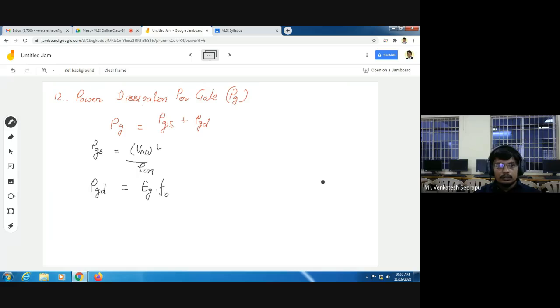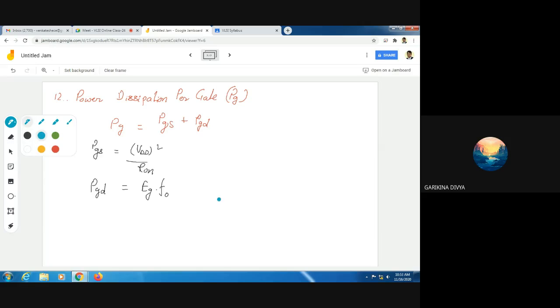PGS has a scaling factor 1 by beta square. Yes, 1 by beta square. Why? Because VDD has a scaling factor 1 by beta, so VDD square means 1 by beta square. Ron has a scaling factor 1. Similarly, what is the scaling factor for PGD? 1 by beta square.